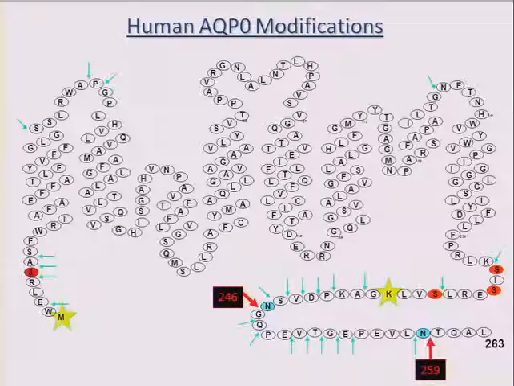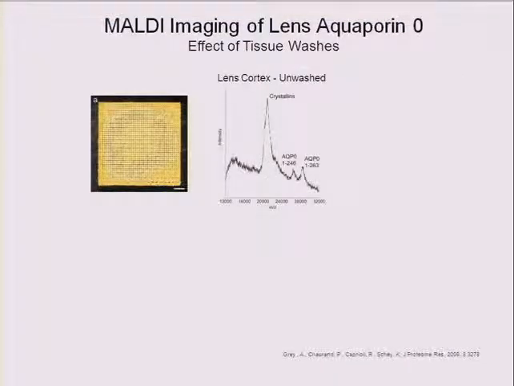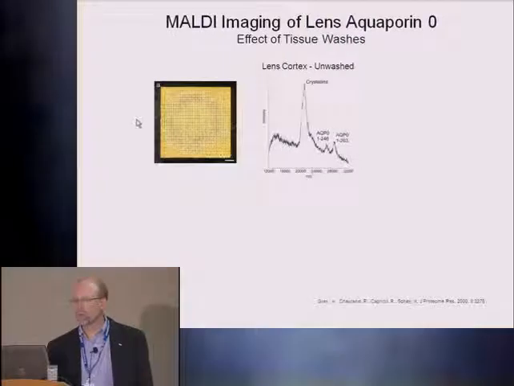Imaging, or actually getting signals from an integral membrane protein by mass spectrometry, is not easy. So our approach to imaging this integral membrane protein is to wash the highly abundant soluble crystallins away. We take our lens section, put it on a MALDI target plate, wash extensively with water and now with 0.1% formic acid, and then we spot the matrix, you can see here, with a robotic spotter in high density, about 200 microns depending on the size of the lens, and we use 90% acetonitrile as our matrix solvent.